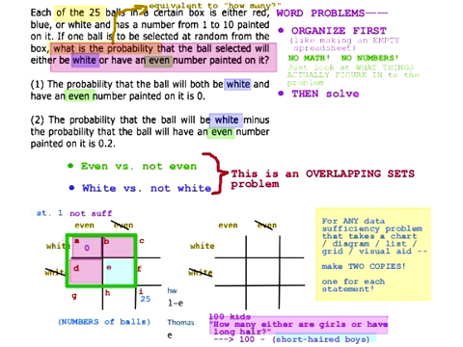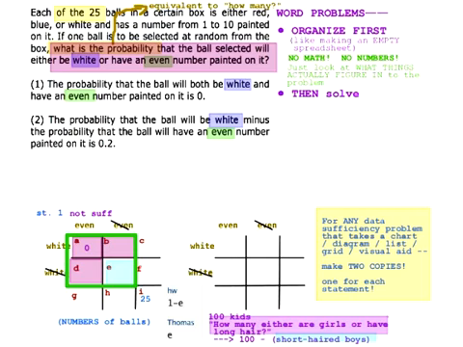Statement 2. So statement 2 is in terms of probabilities, and we got everything else in terms of numbers of balls here. How can we do that in terms of numbers of balls?